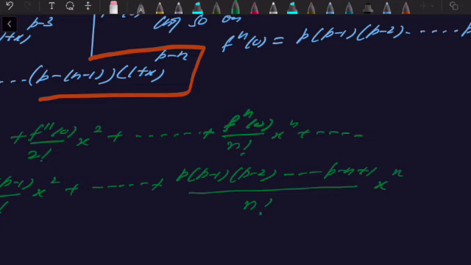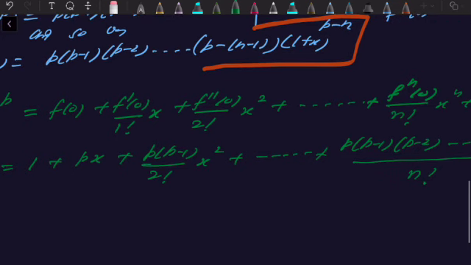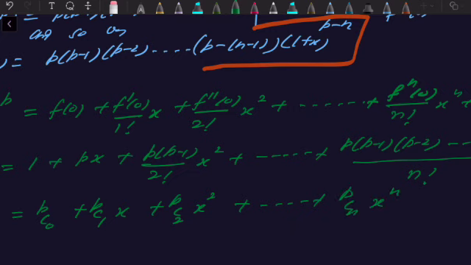If you look at these expressions, coefficients of x, they are nothing but the binomial coefficients. So we can write them like this: pc0, pc1 into x, pc2 x square, and so on, pcn into x raised to power n.